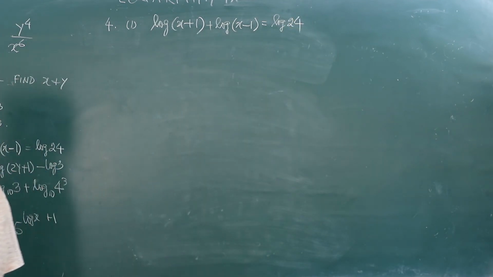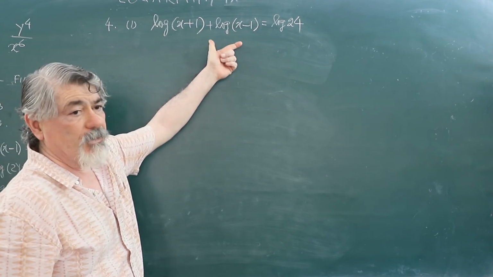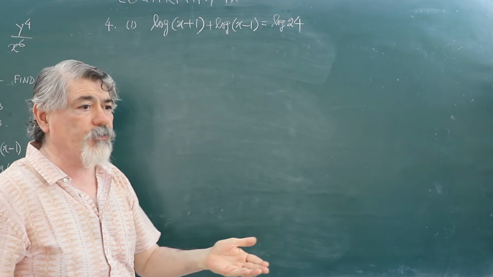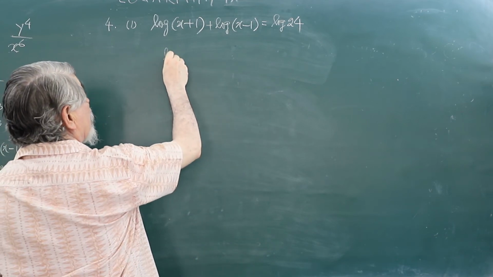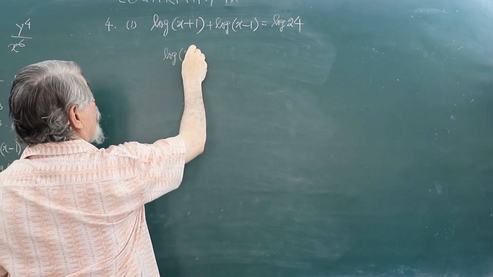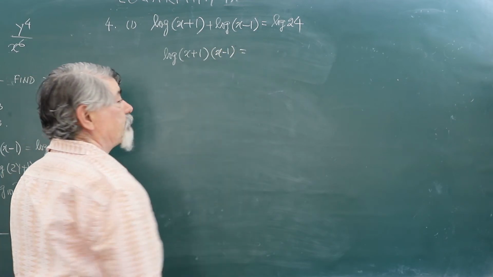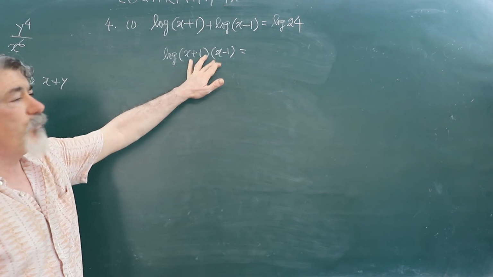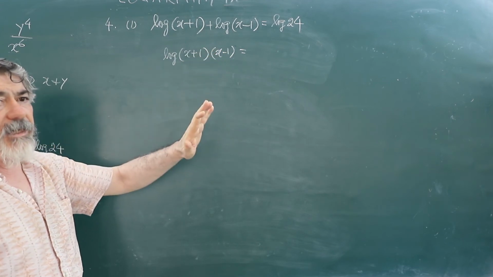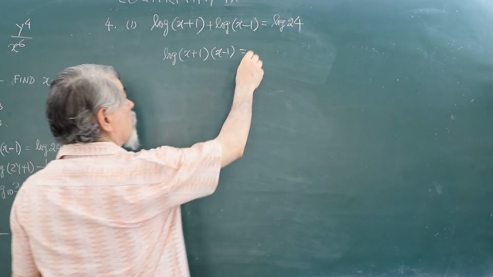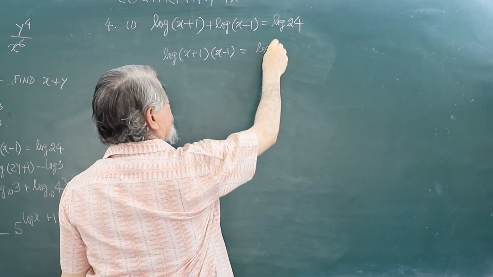Log A plus log B means log A into B. So it will become log x plus 1 into x minus 1. These things immediately should come to your mind. X plus 1 into x minus 1, A plus B, A minus B will give you A square minus B square, is equal to log 24.